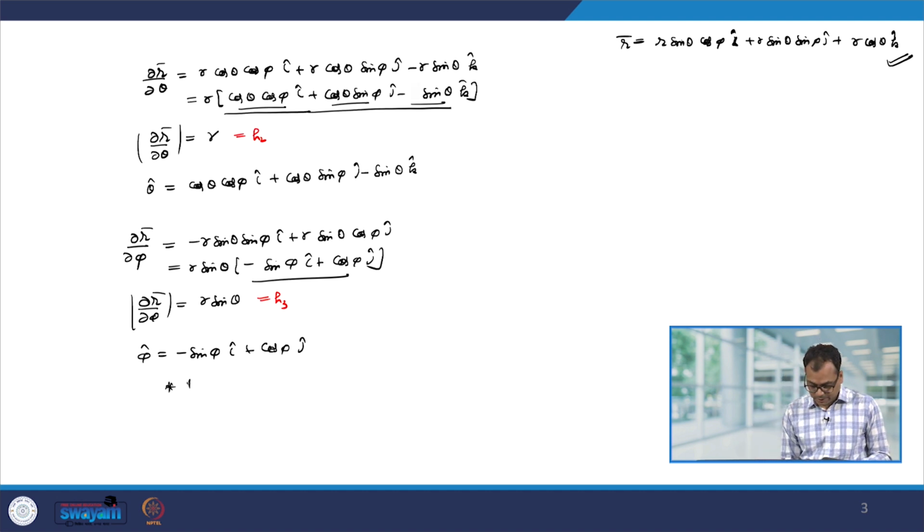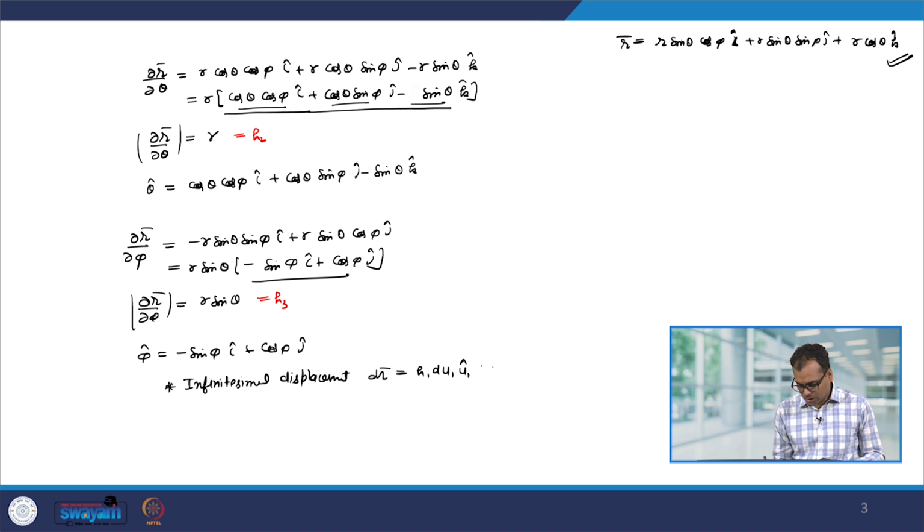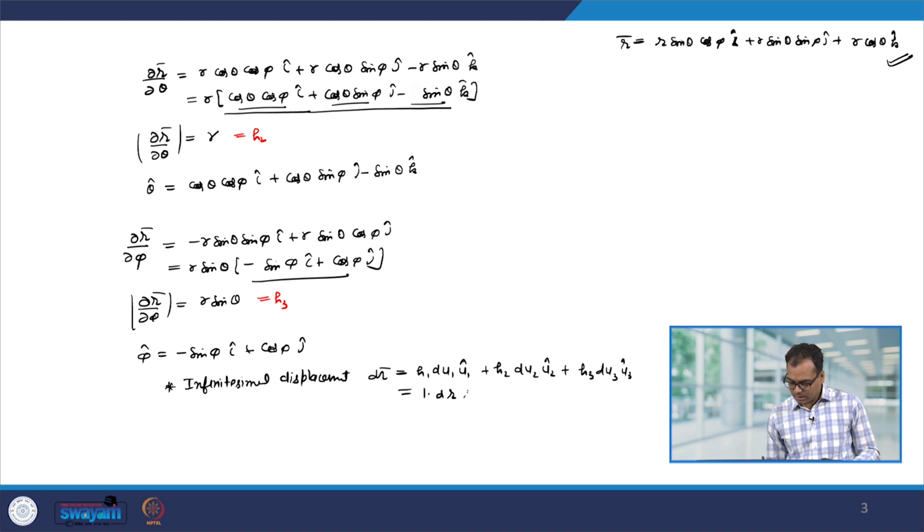Therefore, the infinitesimal displacement dr will be h1 du1 u1 cap plus h2 du2 u2 cap plus h3 du3 u3 cap, and h1 is 1, du1 is dr and r cap, plus h2 is r, u2 is theta.